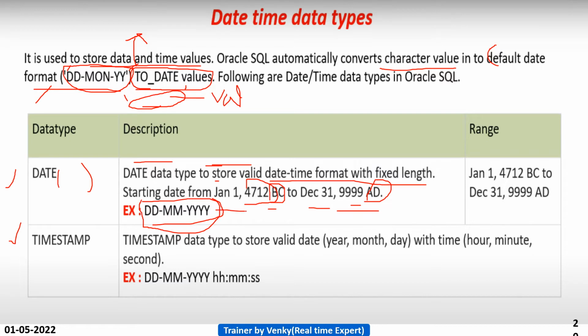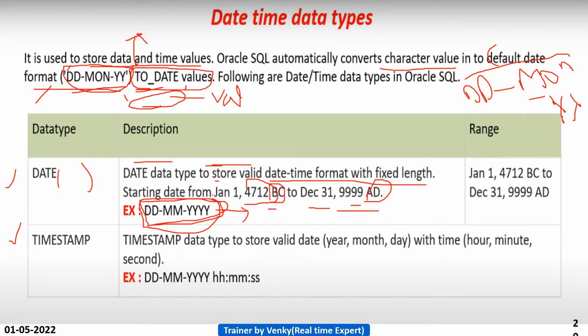The date format is always this fixed length and cannot exceed it. We insert like ddmonYY, which is the default format. We can change these formats by using the TO_DATE conversion function.